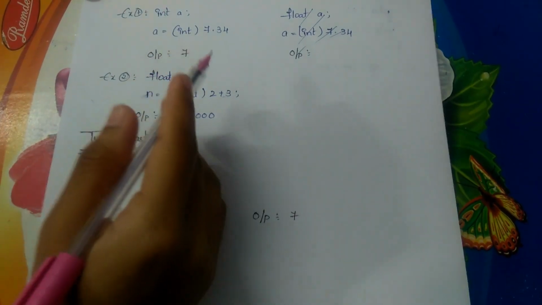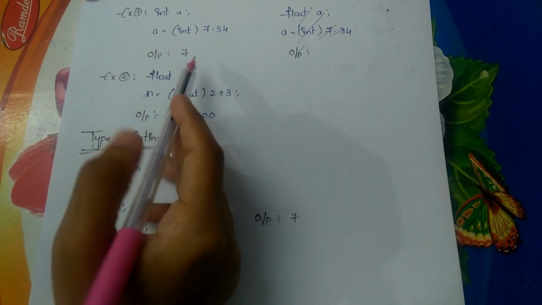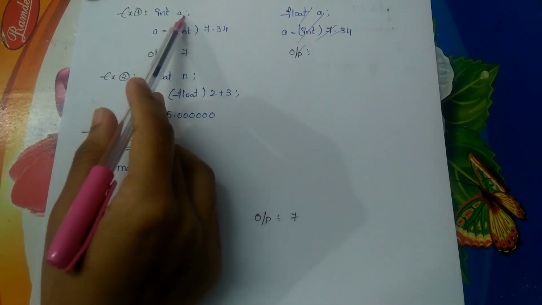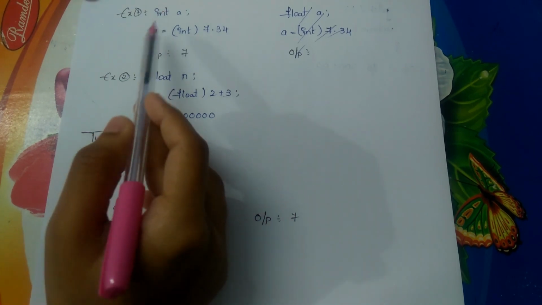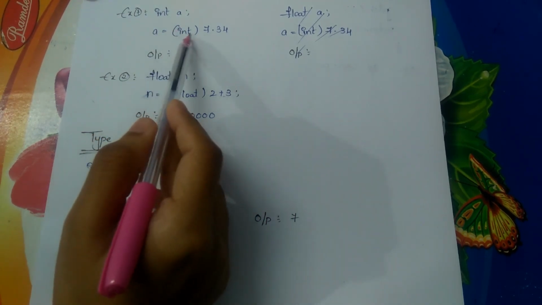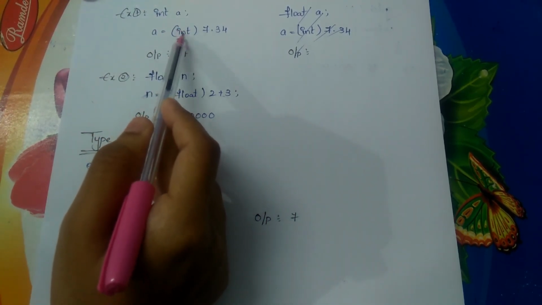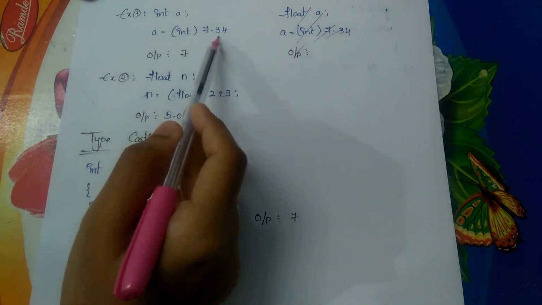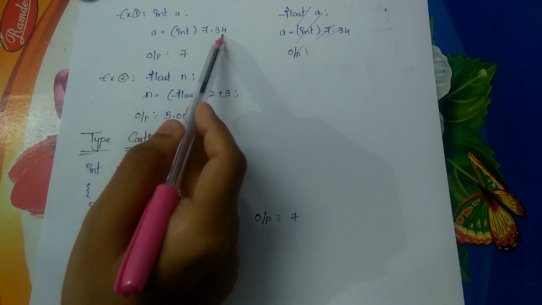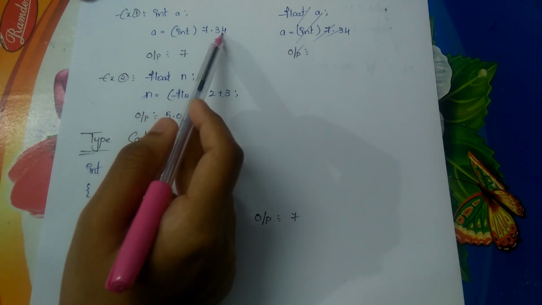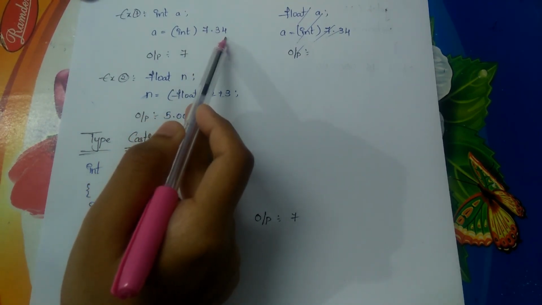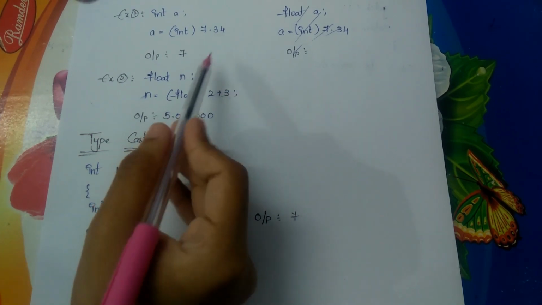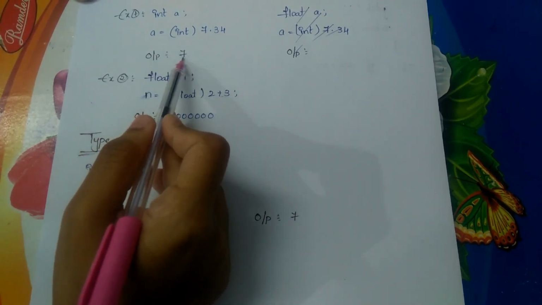Let's look into the examples for the explicit type conversion. First example: I am declaring variable a with the integer data type, and a is equal to, within the braces, data type int, and the value I am giving is 7.34. We can give a variable, a value directly, or an expression. In the output it will be printed as 7.